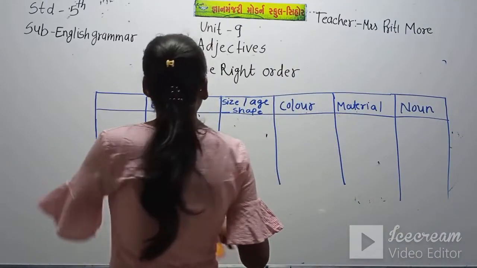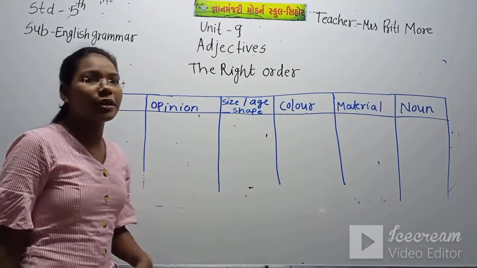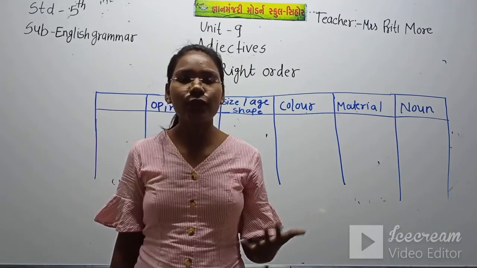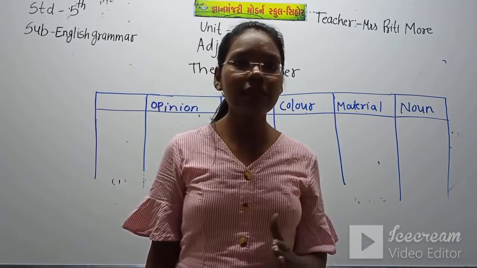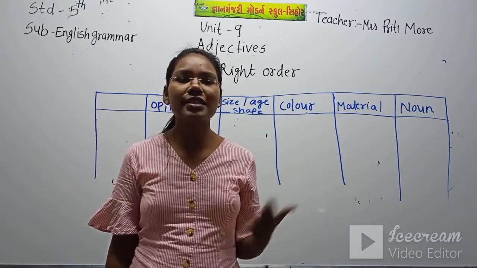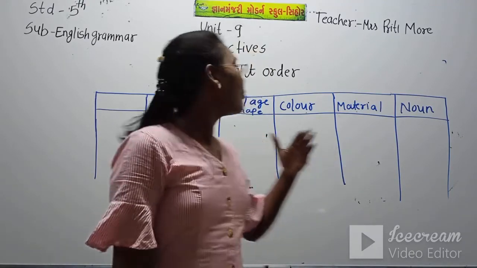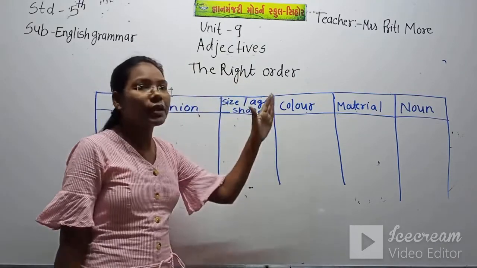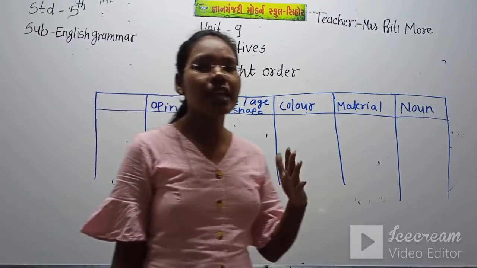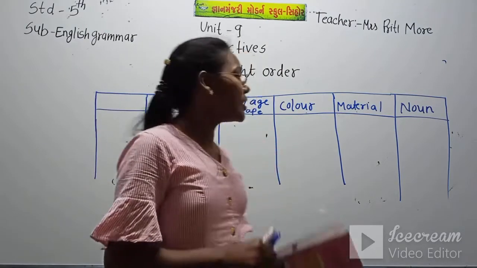Right order means, if there is more than one adjective in the sentence, how do we write the proper order of the given adjectives? Which adjective do we write first? Let's see.